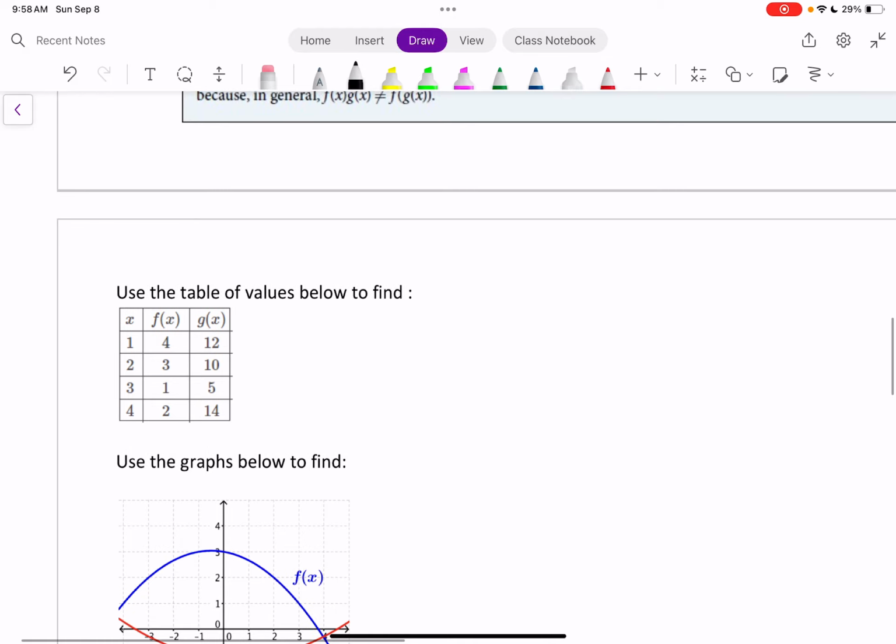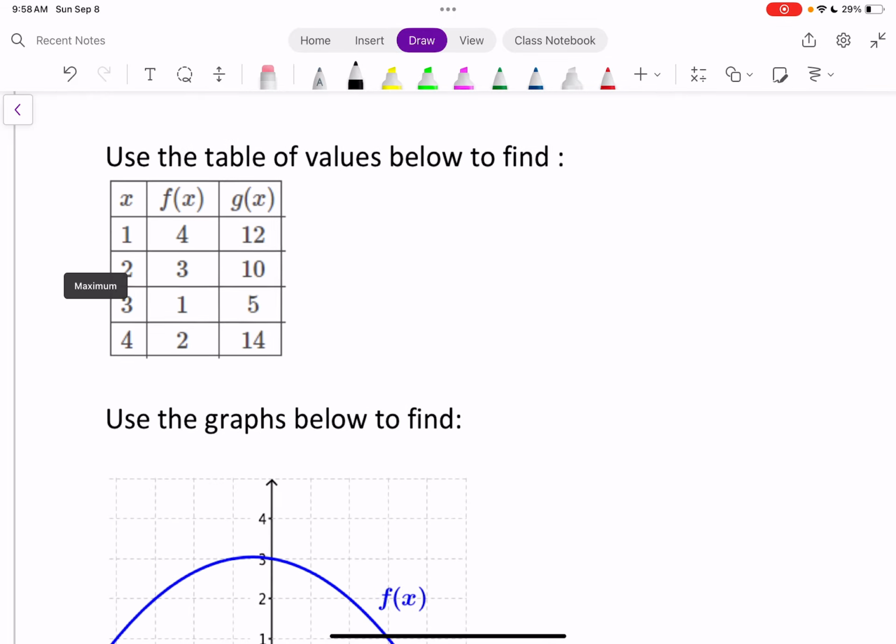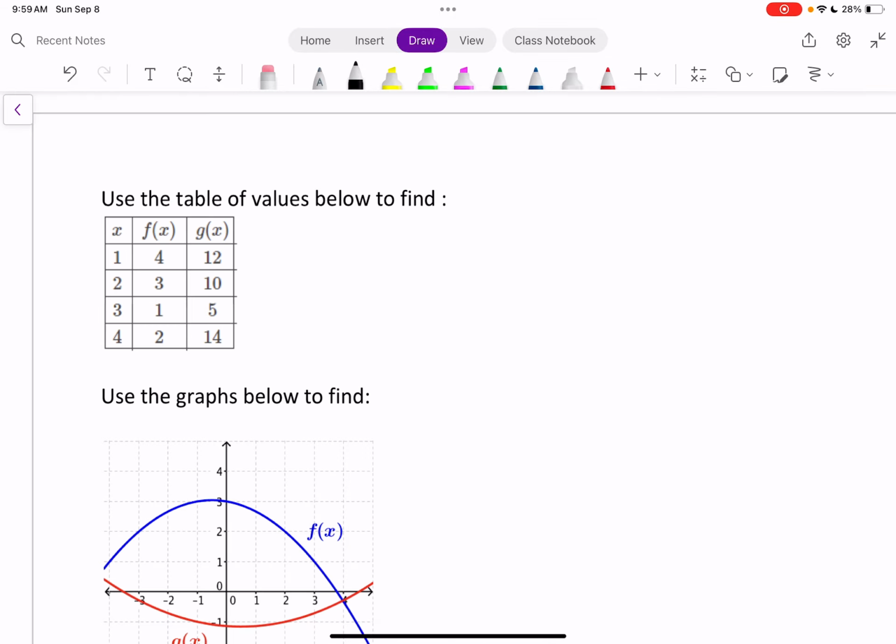So for example, here it is. This table of values might be a little bit tricky. What is f of g of 2? That means in the function g, we're plugging in the x value of 2. I'm looking at what g of 2 is.